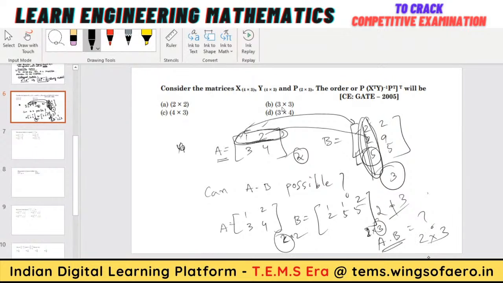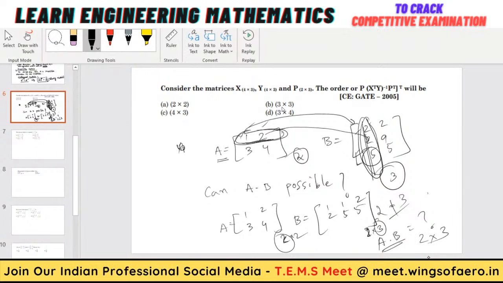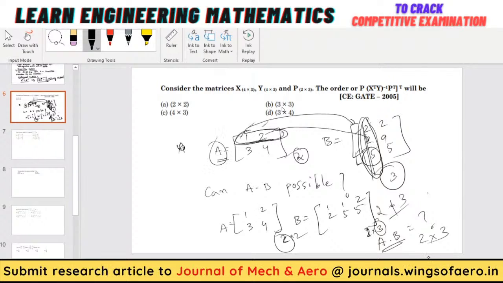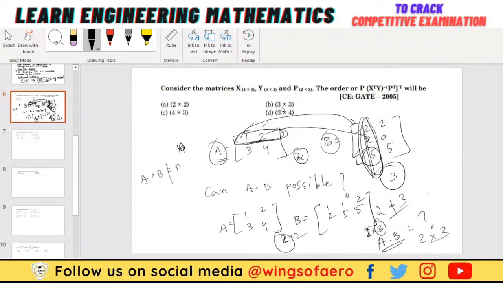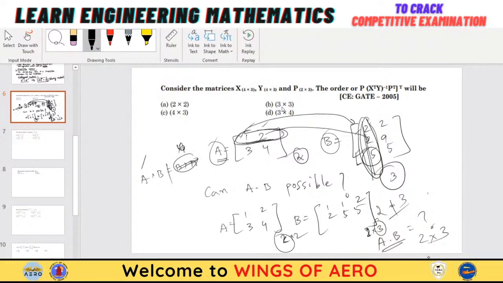So remember these two things. I already told you that A cross B is not equal to B cross A, so we cannot consider B cross A. Always consider A on the left side and B on the right side.